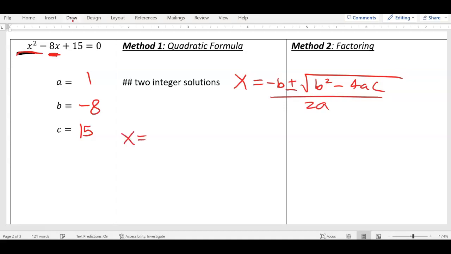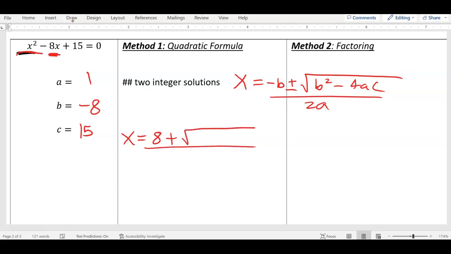Cool. So let's do the positive one over here. So x equals negative b. First of all, negative b. If b is already negative, guess what you're going to write? So negative b means the opposite of b. What's the opposite of a negative 8? Okay, positive 8. So let's write 8 plus the square root.